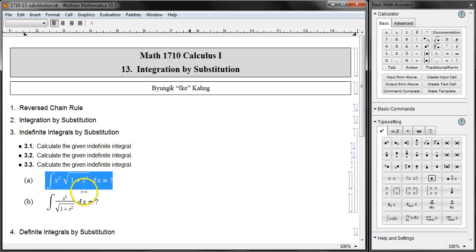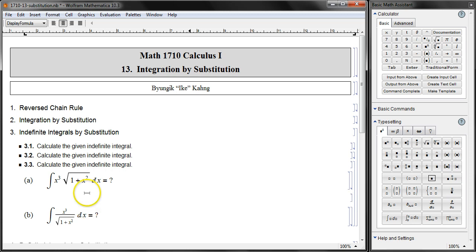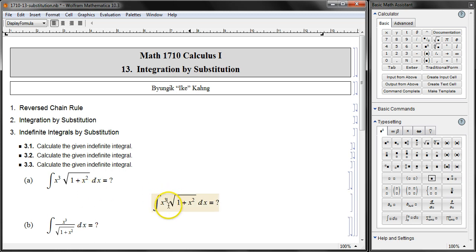For this problem, let me start with an auxiliary problem, a kind of reference problem like this. Instead of x to the third power, let's change it into just x. Is this problem doable? In this case, it's going to be doable.